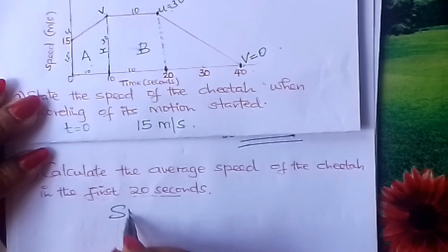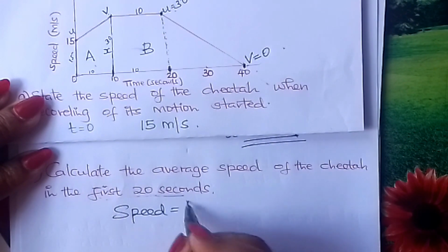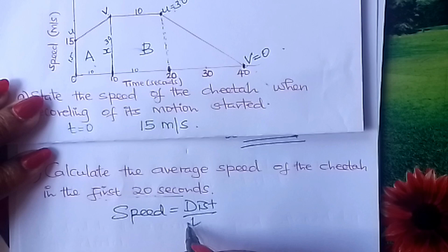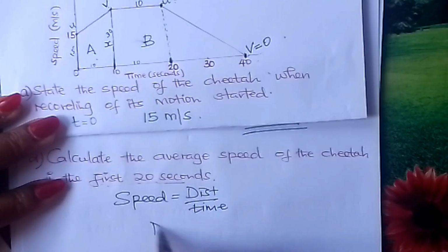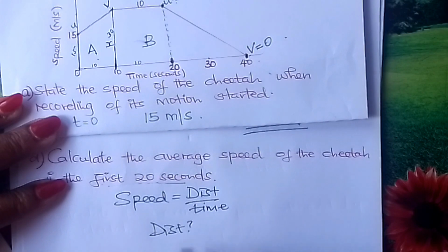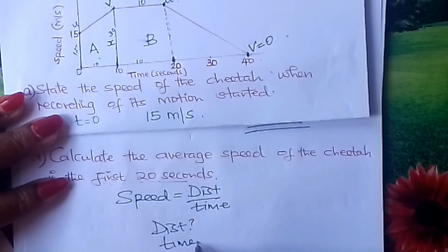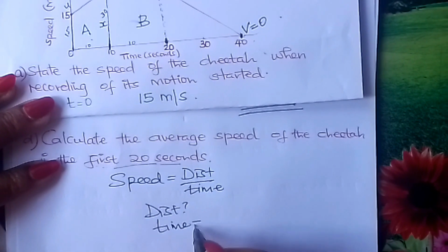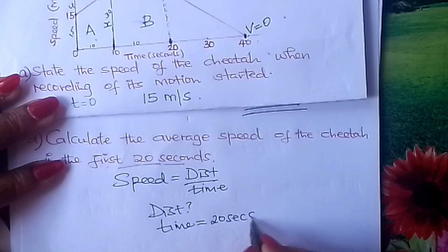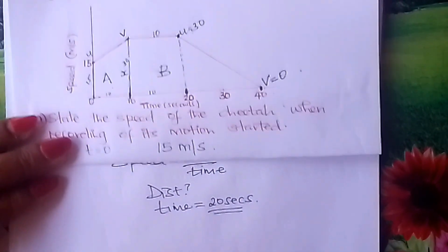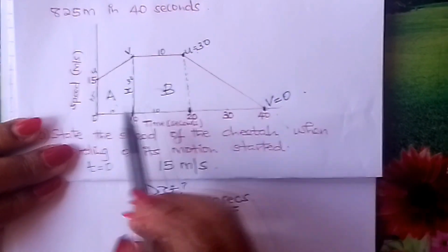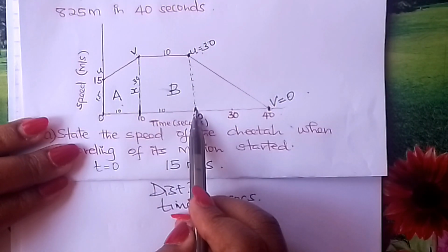Learner, average speed is given by distance over time. We don't have the distance, so we need to calculate it, but we have our time. We are talking about 20 seconds. Therefore, we calculate the distance between 0 and 20.